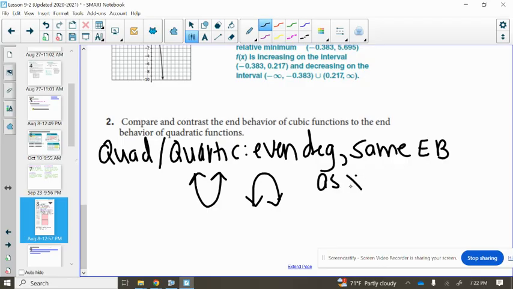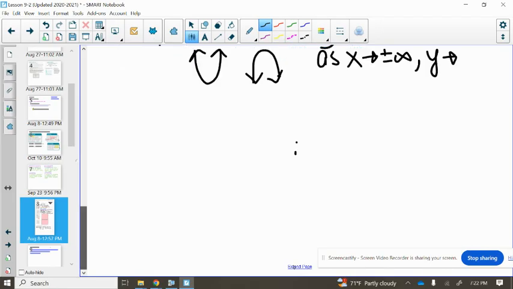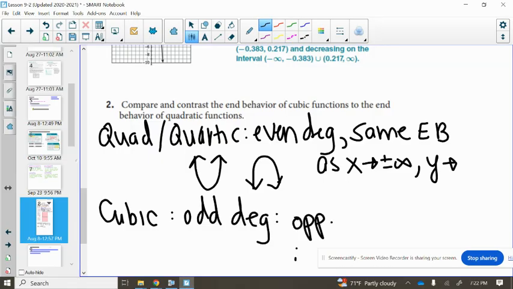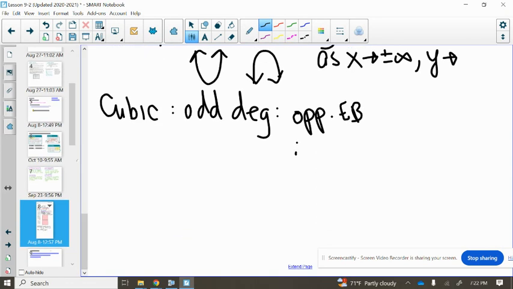So as x goes to positive or negative infinity, your y values will be the same, either both positive or both negative. On the other hand, our cubic graphs, or maybe your other odd degree polynomials, are going to have opposite end behavior. So what do we mean by that? Well, if we look at some of these cubics, they're either going up like this or down like this.